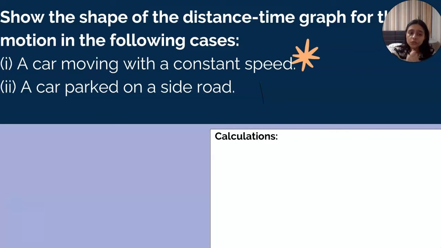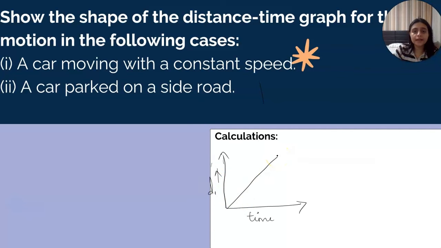So here in the first question it is asking a car is moving with a constant speed. All right, so we already know when the car or any vehicle is at constant speed, the graph will look like this. You will mention like this. This is your time axis and this is going to be your distance. All right, so at constant speed we always make the graph in this position, like this straight line, right?